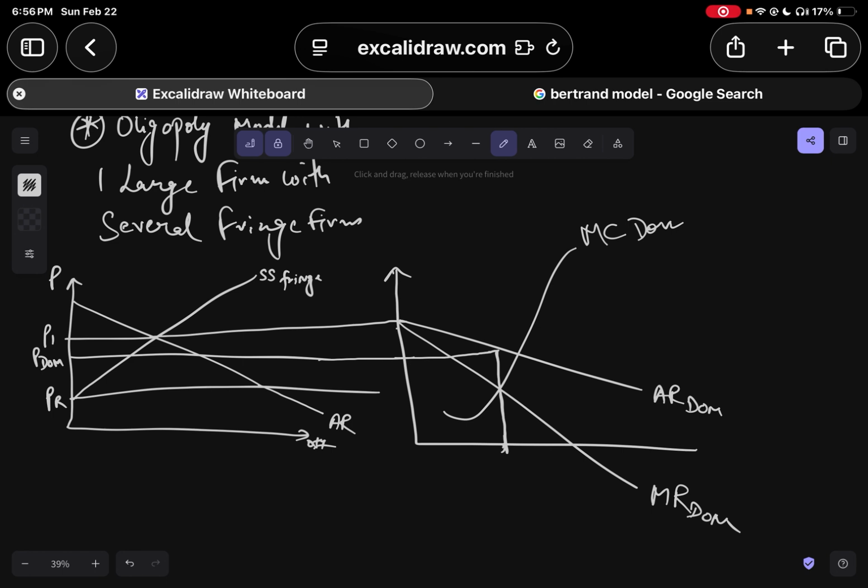This is quantity by dominant at price dominant, and this is the P1 price which is charged by fringe firms. This is the equilibrium of the dominant firm.